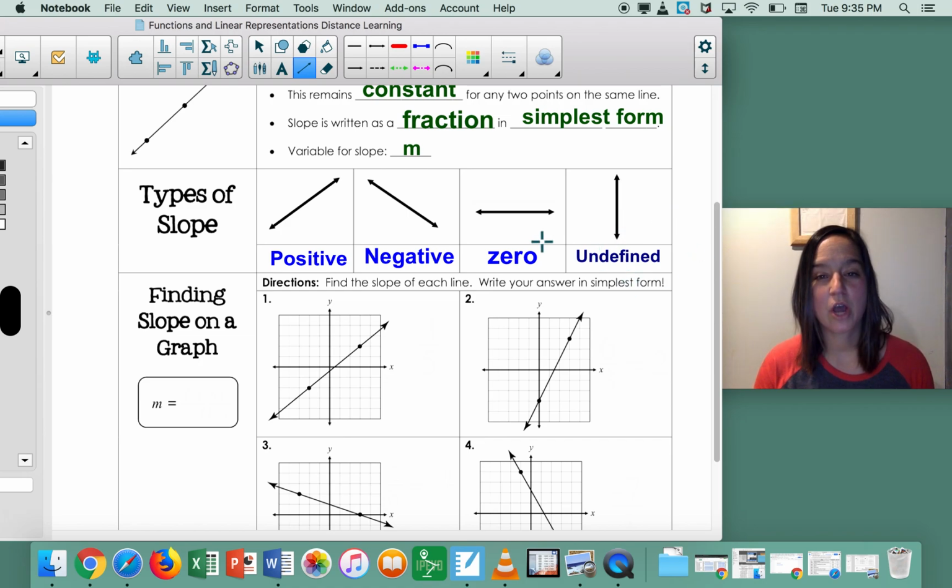If you can recall, the zero slope was the mouth of Slope Guide, and the undefined was the nose, because we put a U at the bottom. So anytime we're looking for a slope on a horizontal line or a vertical line, we are talking about a zero slope and an undefined slope.